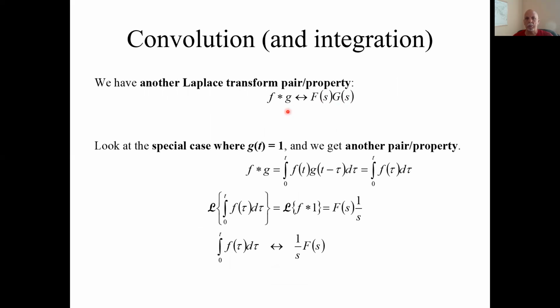So here's the new property. Convolution in the time domain is multiplication in the Laplace domain. And what if the g function, or one of those two functions, is just the constant 1 or the unit step? Then this convolution just becomes a normal integral, 0 to t, of whatever your function is.